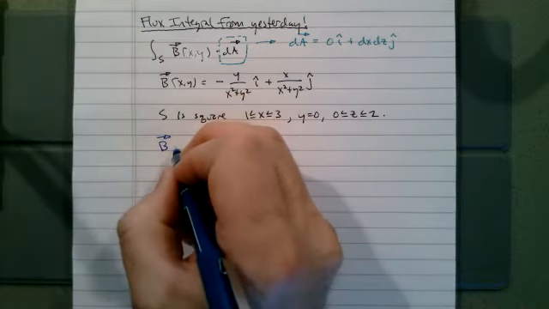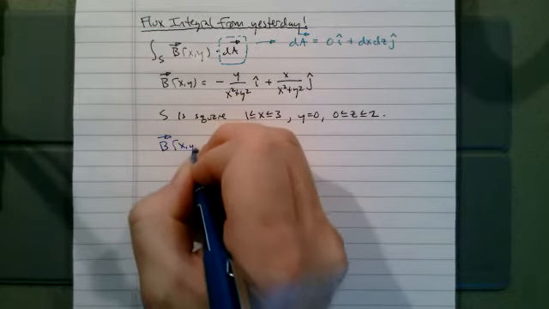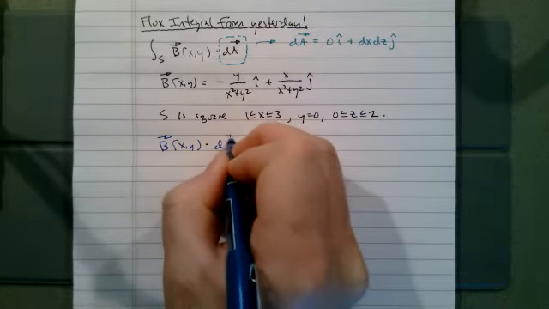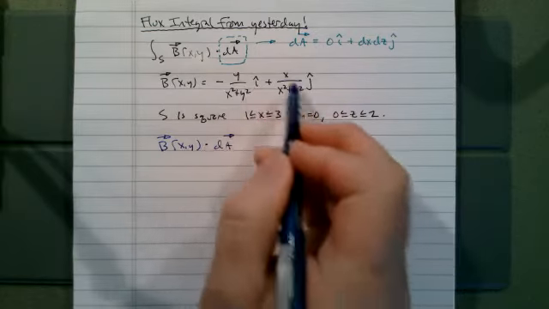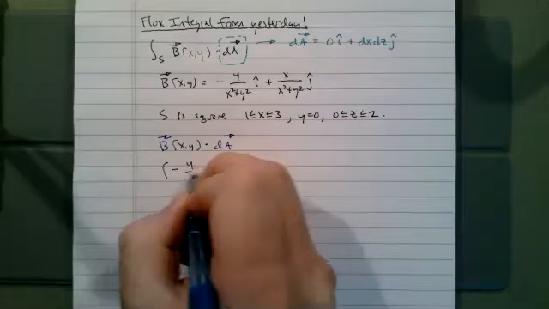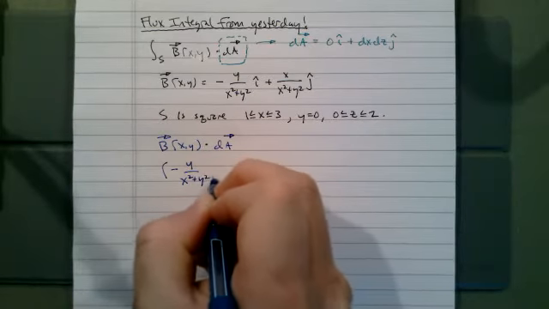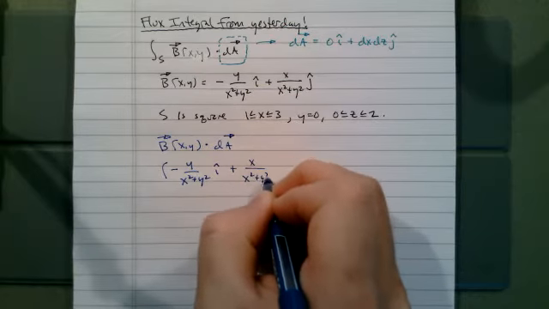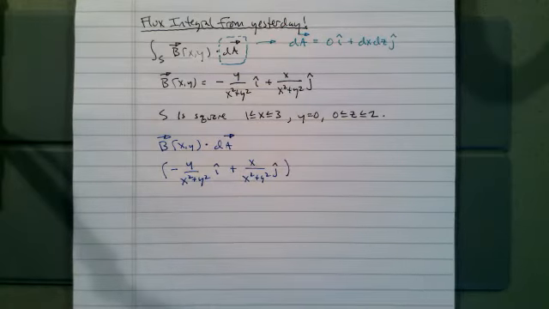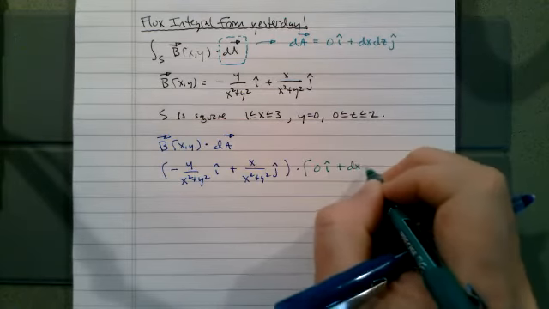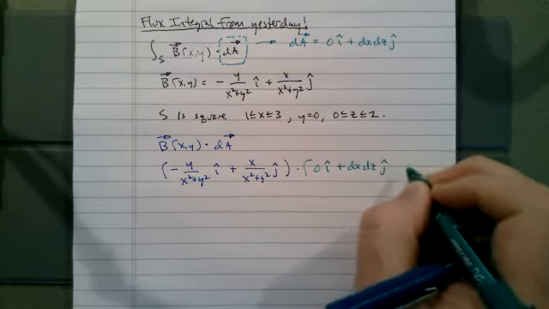So if I look at the dot product of B(x,y) dot dA, I'll find the dot product of our vector field, minus y over x squared plus y squared i, plus x over x squared plus y squared times j, dot 0i plus dx dz times j.